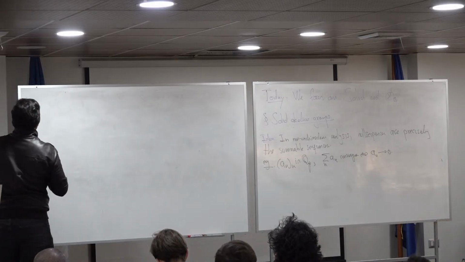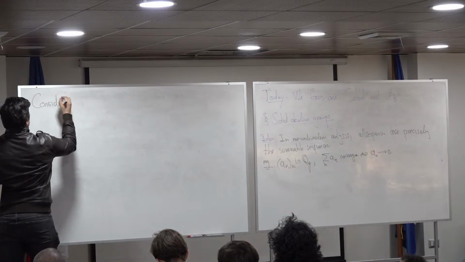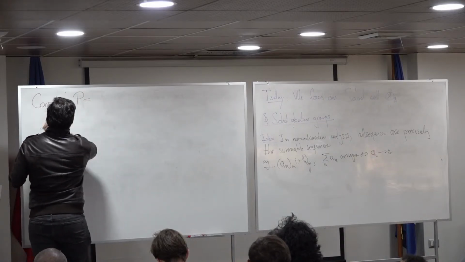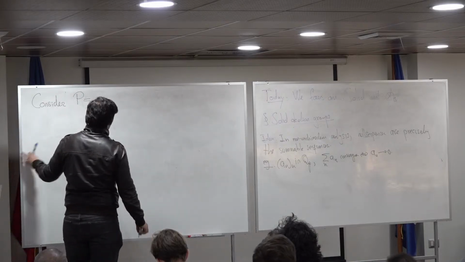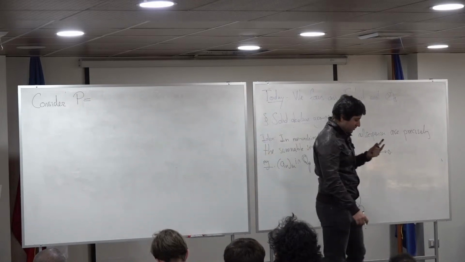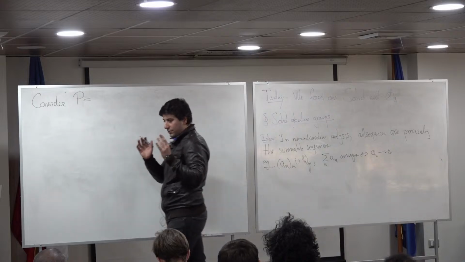Consider this space P, a condensed abelian group. We saw two days ago that there exists a profinite set that just parameterizes sequences that converge.